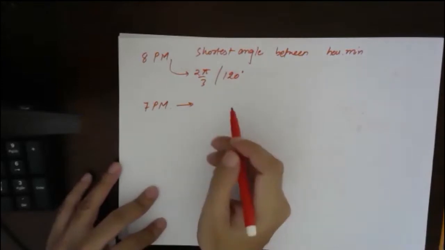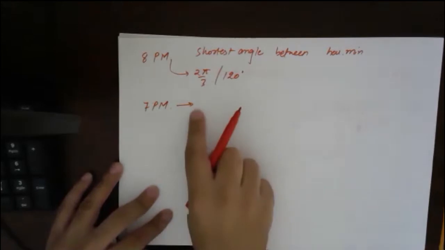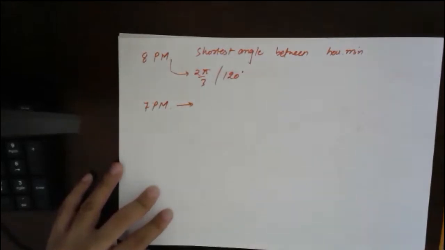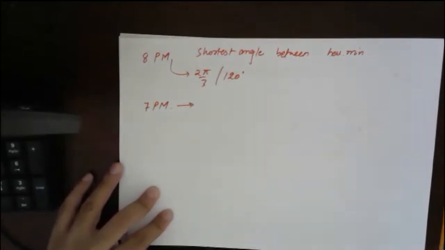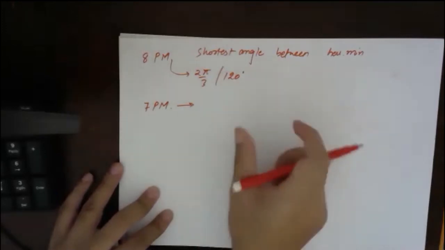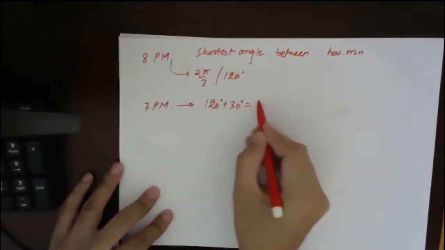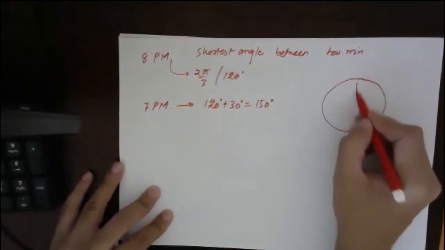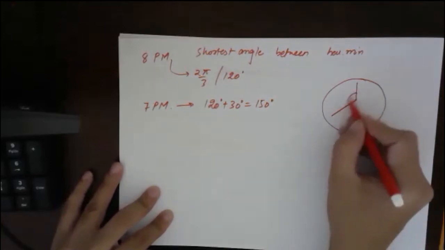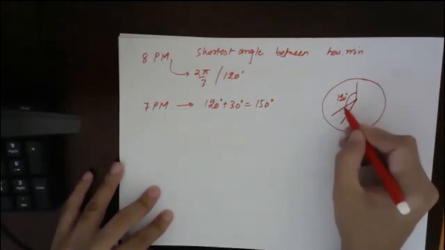Very good. So till 8 we can just look at this part. Till 8 it was 120, and for 7 it will move 30 degree more. So 120 degree plus 30 degree, it will be 150 degree, right? Till here, at 8 p.m., it is 120 degree, and here it will move 30 degree more.